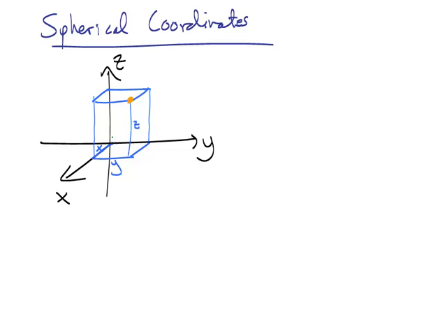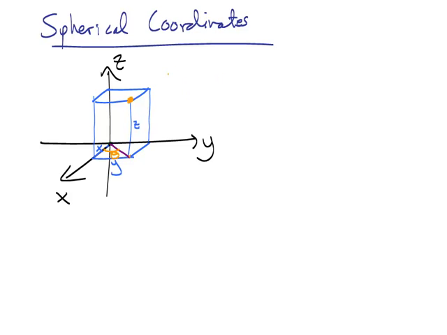Here's what you're going to do. You're going to start here at the origin, and you're going to have a couple of angles. The first angle is just like the theta in cylindrical coordinates. You're going to rotate until you are facing where the point would be projected on the xy plane, and that's theta. Same theta as in cylindrical.